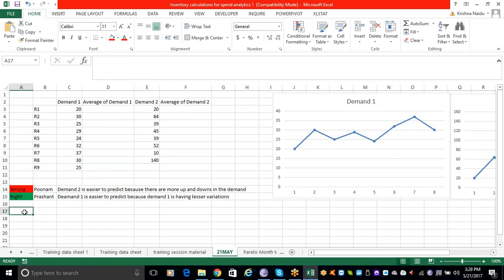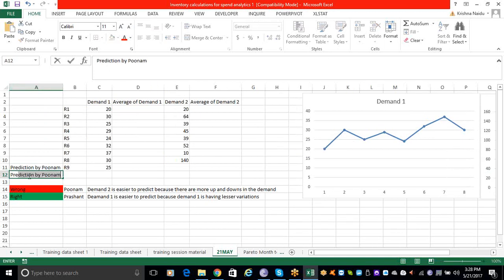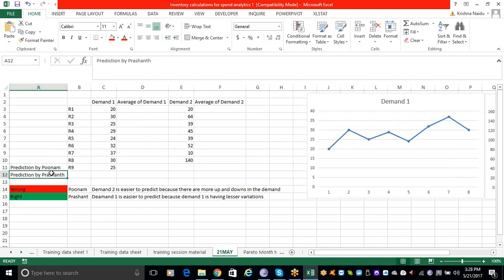Look at the numbers and tell. Can you make a guess?